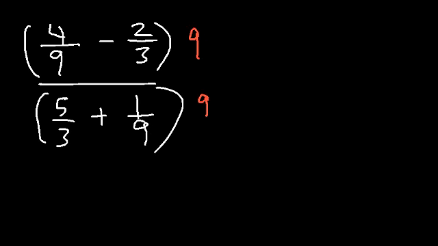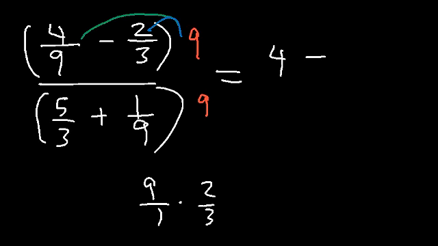So if we multiply 9 times 4 over 9, the 9's will cancel, giving us just 4. And then 9 times 2/3. 9 times 2 is 18. 18 divided by 3 is 6. Or you could divide first. 9 divided by 3 is 3 times 2 is 6.